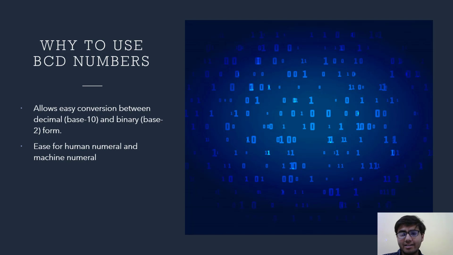Doing arithmetic with it is also complex, and it wastes a lot of storage. Where in binary we could store 16 values in 4 bits, here it can store only 10. So why should we use BCD in the real world? What's the point of using it?